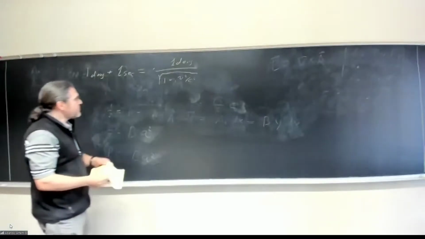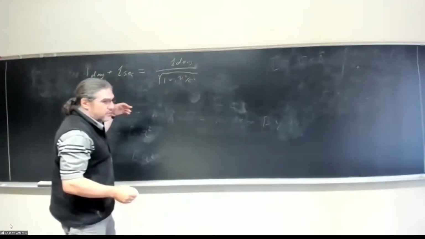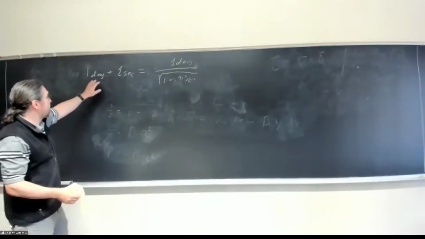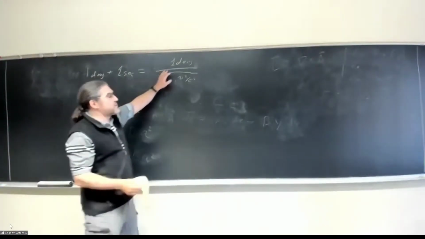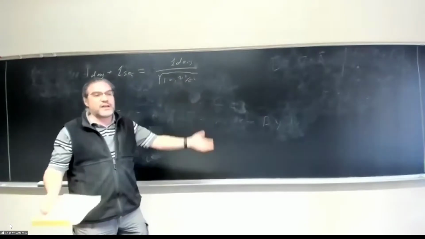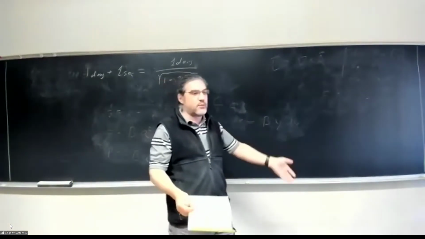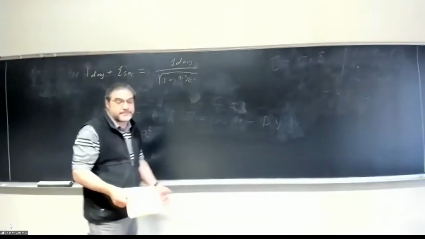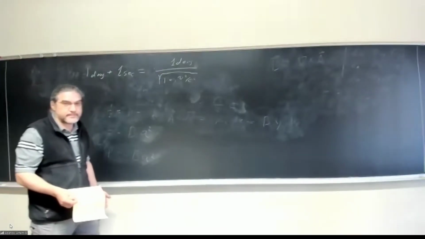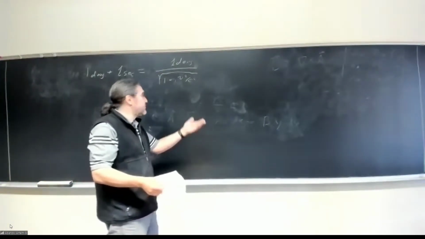So the first thing which you need to notice here is that 1 day plus 1 second is pretty much exactly the same as 1 day. The difference is very small. Right. 1 second on top of 1 day.